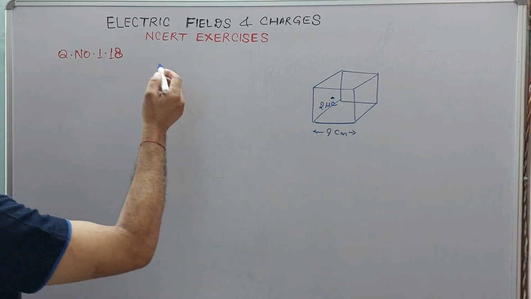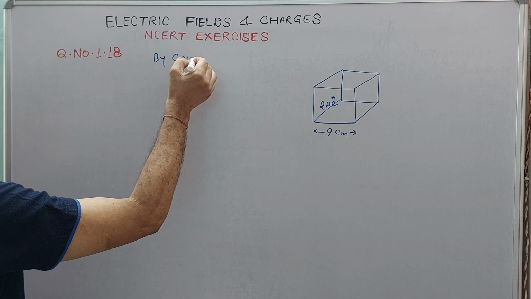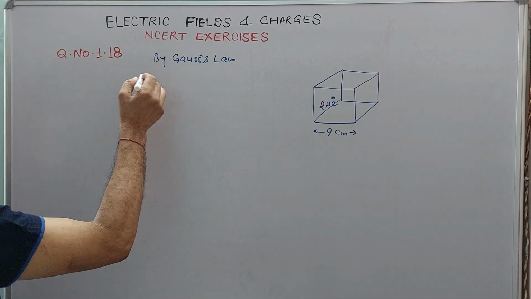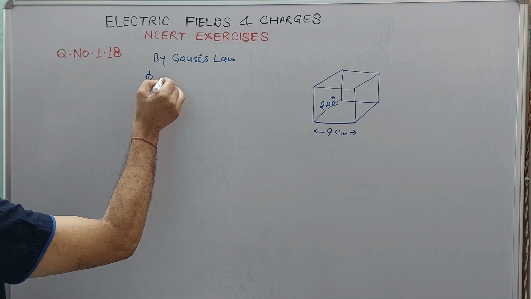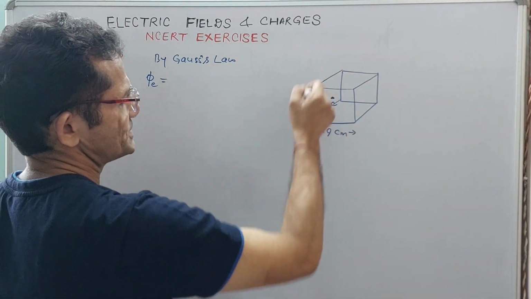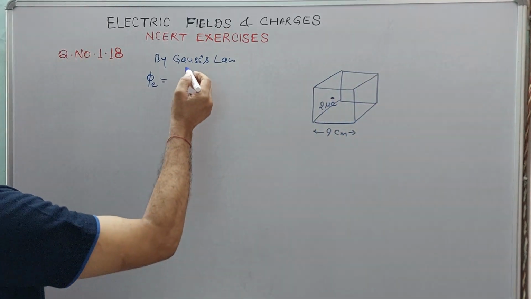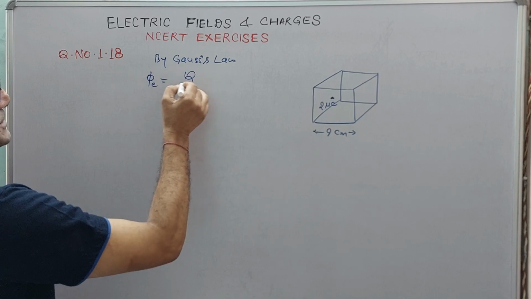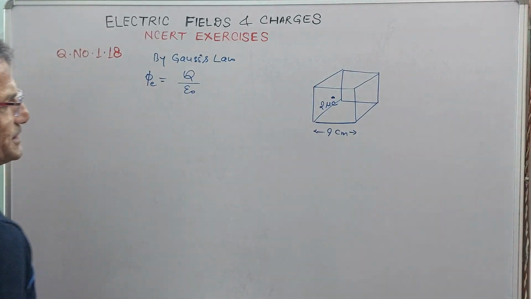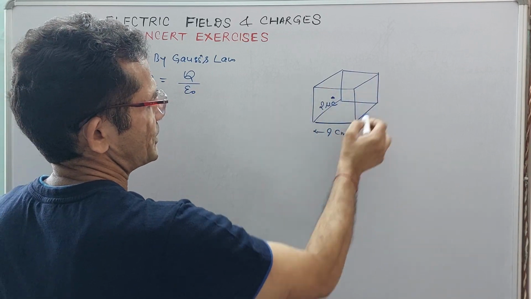So using Gauss's law, the electric flux phi E is equal to the total charge inside the Gaussian surface divided by epsilon naught. This is our formula. The charge is inside this Gaussian surface, so this is the total flux through all six faces of this cube.